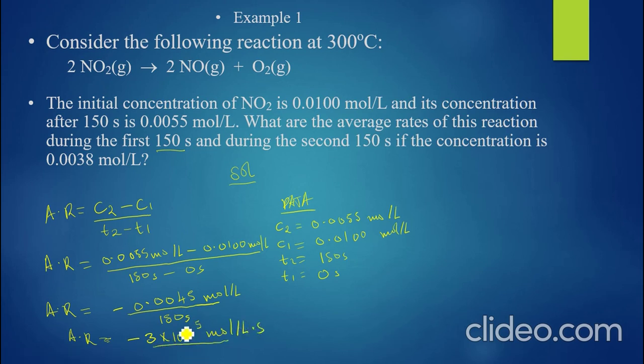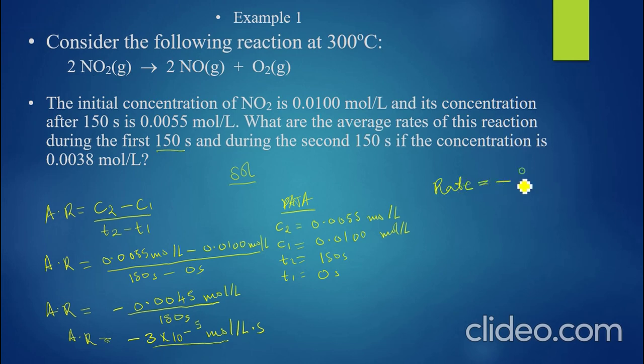The average rate is not supposed to be negative, it must be positive. Note that the concentration of nitrogen dioxide is decreasing with time. As it is decreasing, the rate will become negative. So the rate of nitrogen dioxide is decreasing with time.